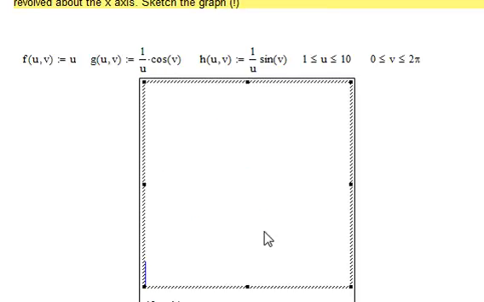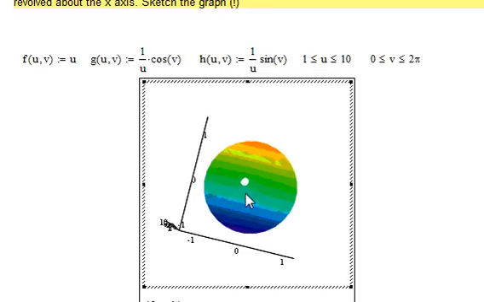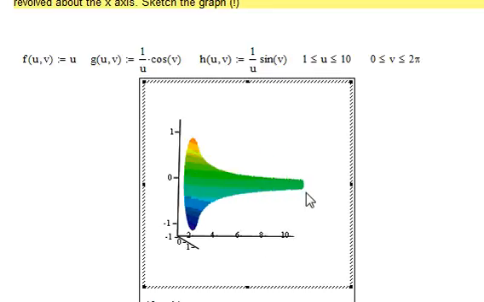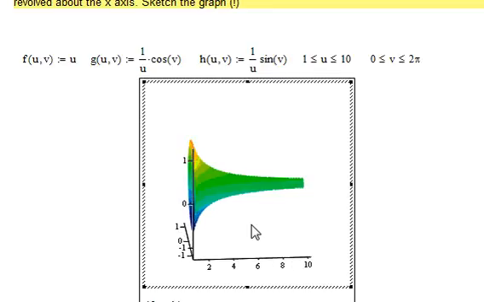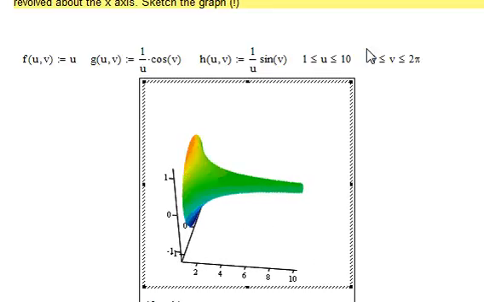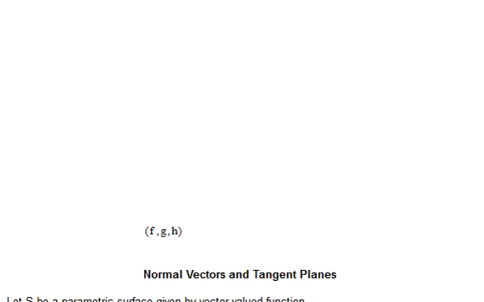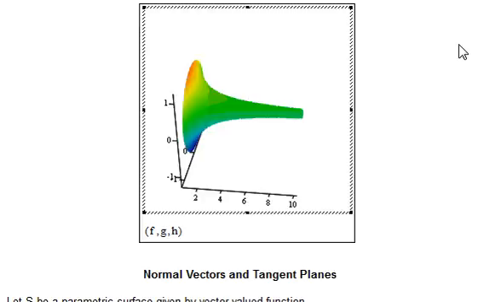You might look up Gabriel's horn for one of those weird paradoxes. Of course, this one doesn't go on forever, because you can see it's got a hole there at 10, because I stopped it at 10. But that is how we find, and an example of, the parametric surface that represents a solid of revolution.